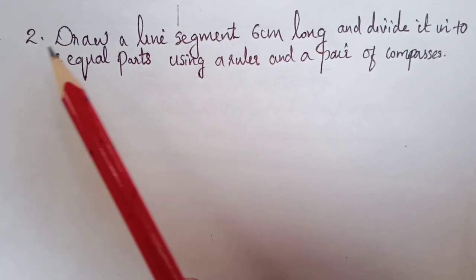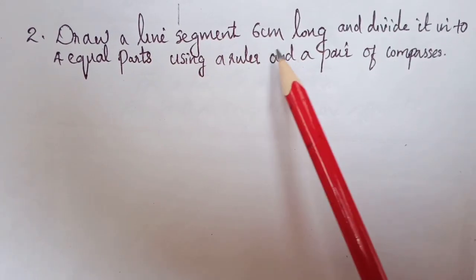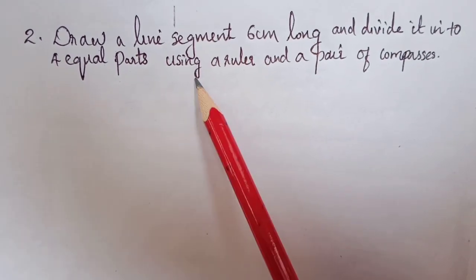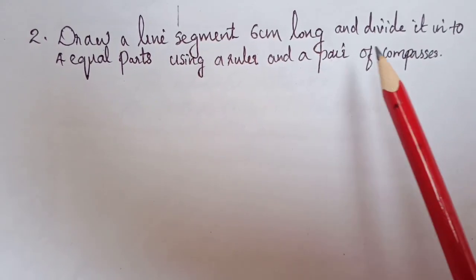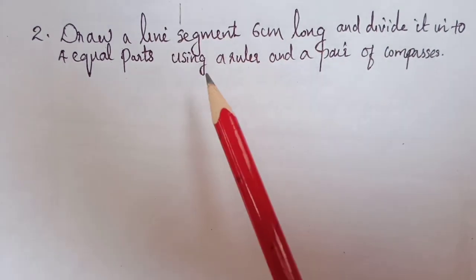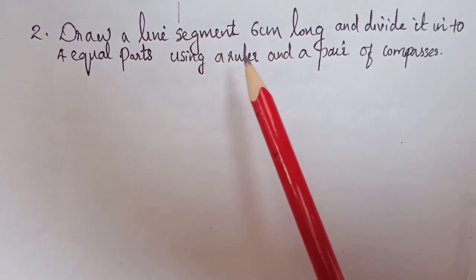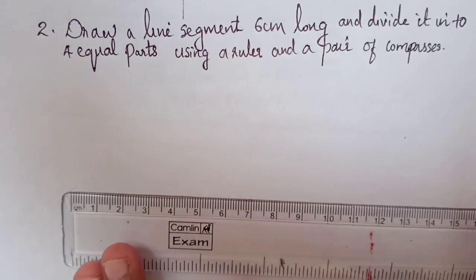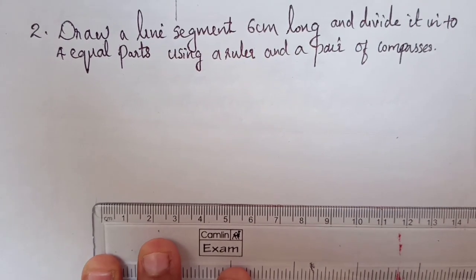Next, question number 2. Draw a line segment 6 cm long and divide it into 4 equal parts using a ruler and a pair of compasses. First, you have to draw a line segment AB of length 6 cm.